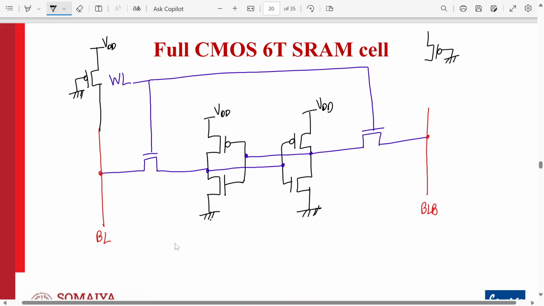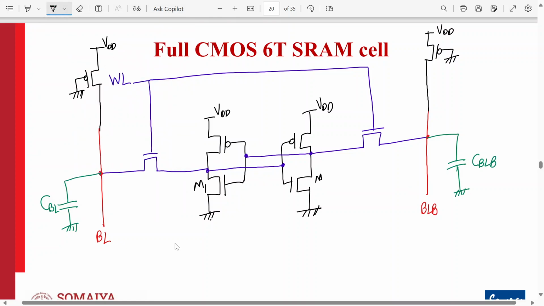If we connect its gate terminal to the ground, then it's permanently on. So it will precharge the bit lines to VDD. And then we have capacitances present over here, which are parasitic in nature. So CBL and CBLB. The naming can be different in different books, that's fine.